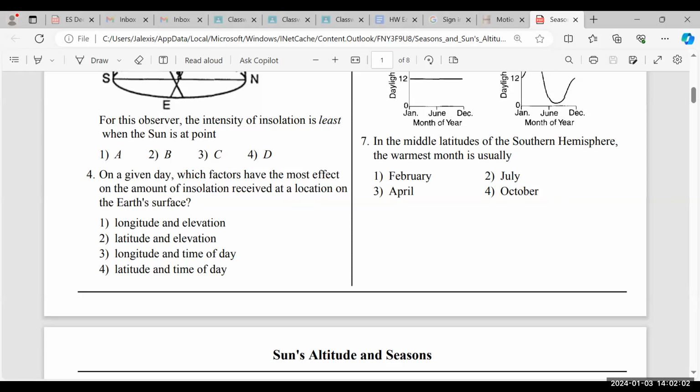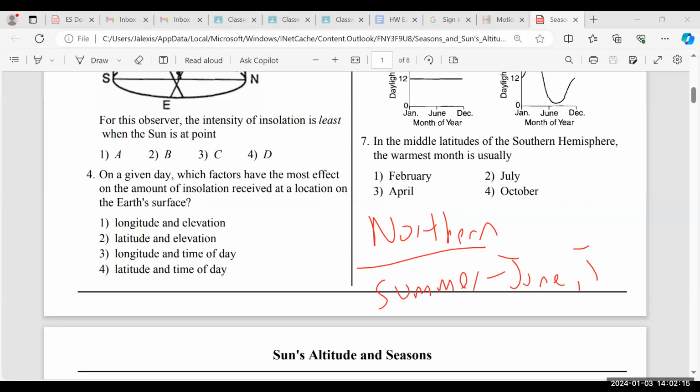If I'm in the northern hemisphere, my hottest months are going to be in the summer, right? June, July, and August. However, in the southern hemisphere, in June, July, and August, it is winter.